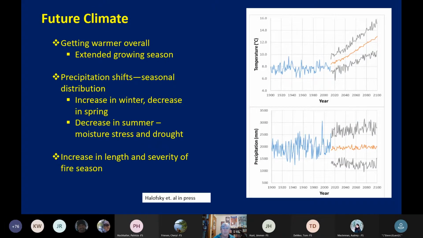So what that means is potential increase in moisture stress of the vegetation that occurs in our area, and a higher probability of drought. And even though we're seeing increases in winter precipitation, because temperatures are going to be a lot warmer, we're going to see decreases in persistent snowpack, which means decreases in water storage capacity. And what does that mean for fire? It means probably an increase in the length and severity of the fire season.